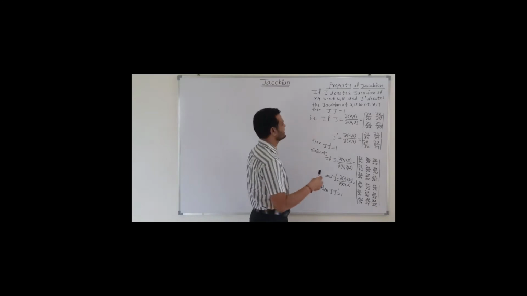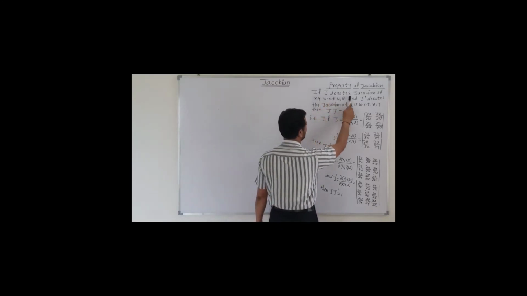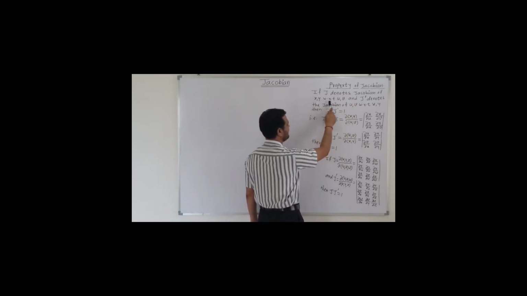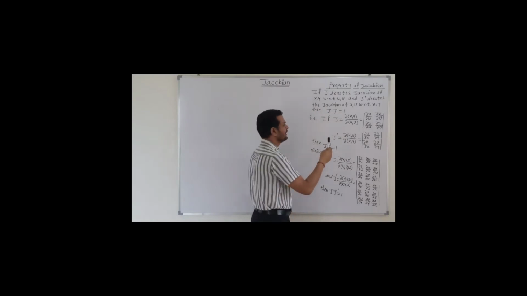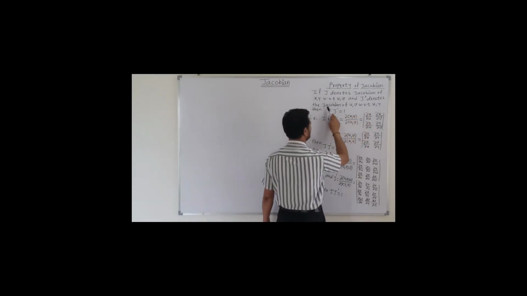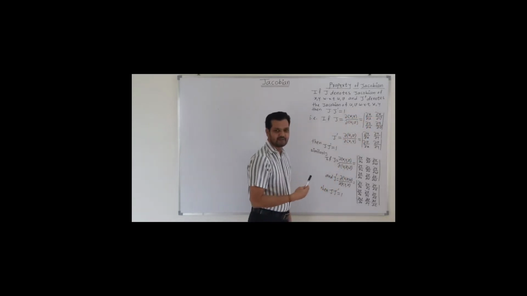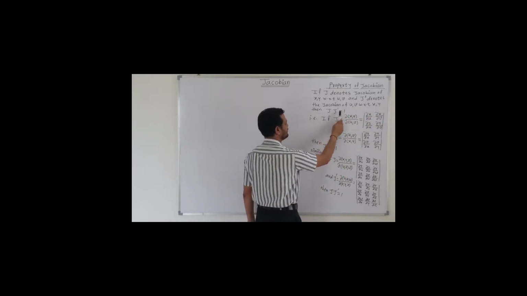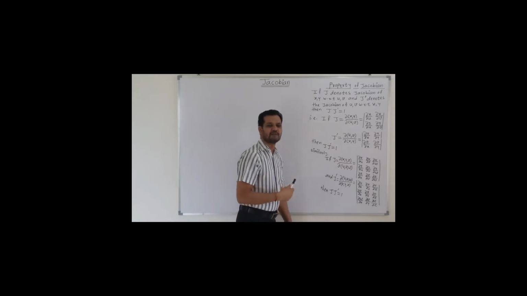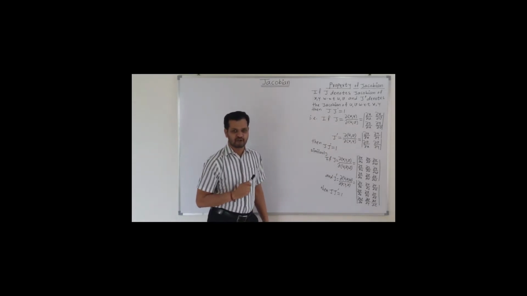This property says that if J denotes the Jacobian of x, y with respect to u, v, and J dash denotes the Jacobian of u, v with respect to x, y, then J into J dash is 1. This is one of the important properties of Jacobian.